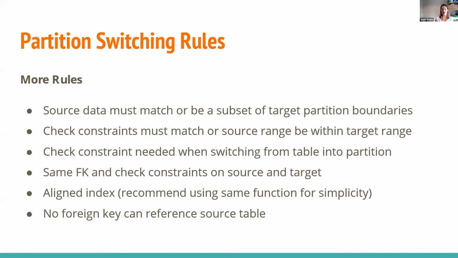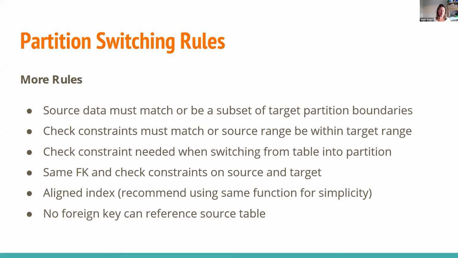The easiest way of doing this, and the way that I would recommend myself, is using a single partition function for the table. So any indexes on the table, whether you have 1 index or 20 indexes, you should reuse that partition function for that table. You can reuse a partition function for multiple tables.